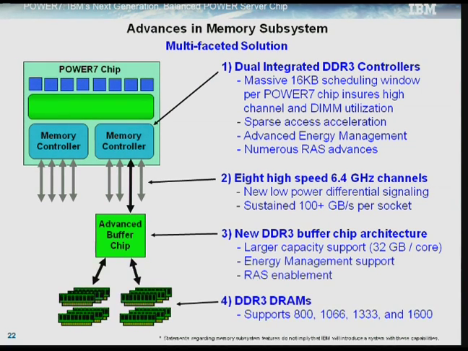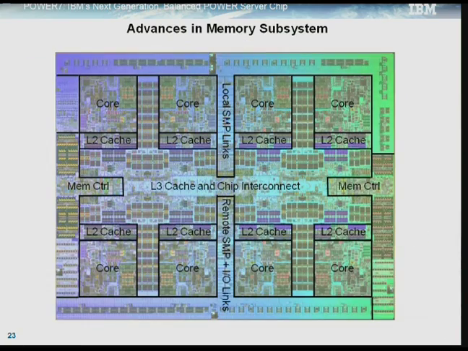And of course, DDR3 DRAMs themselves we support in the 800, 1066, 1333, and 1600 speed grades. The memory controllers live right there. Obviously, everything along the chip edge is off-chip signaling. I'll just mention that briefly. Everything around that chip perimeter is completely brick-walled with off-chip signaling to a 9-deep level.